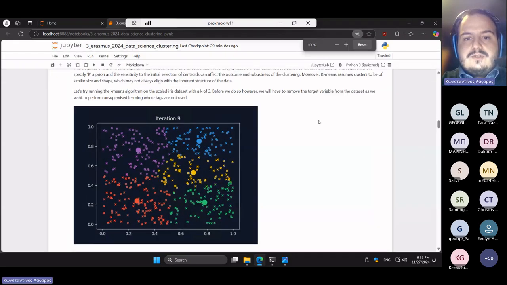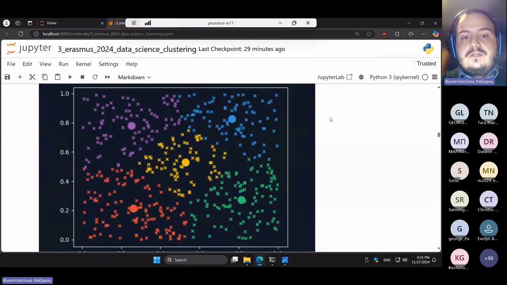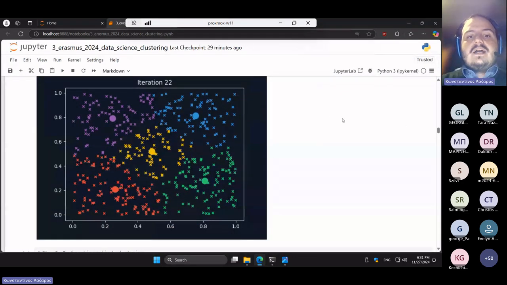Okay, so the first algorithm that we have is k-means. As you can see, I've also put a GIF there so that we can get a visual understanding of what's going on. k-means is, I'd say, one of the oldest and more well-established clustering algorithms. First of all, k-means has an input feature that you have to provide, which is called k. The k in k-means indicates the number of clusters that you want the algorithm to create.